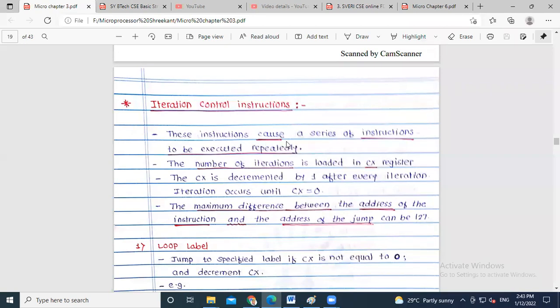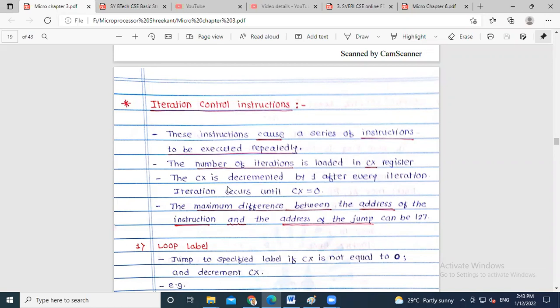These instructions cause a series of instructions to be executed repeatedly, that is, cyclically, until the end condition is met.